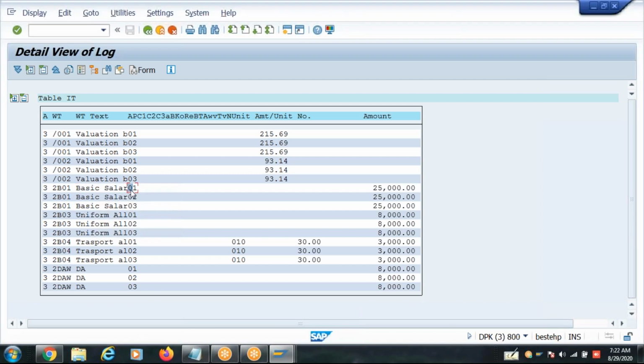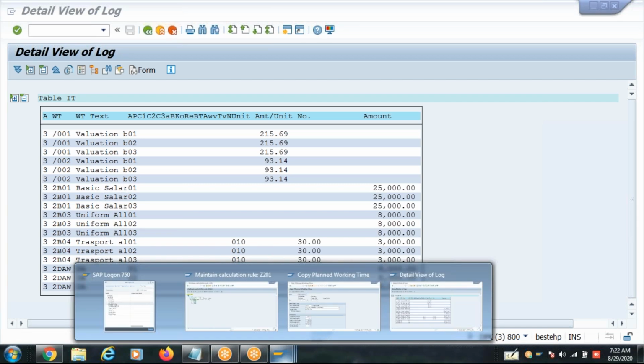Then it will read the personal area of the first entry, first WPVP. When the second entry is processed, it will read the personal area of second entry. Similarly, third entry. I have already explained this part.